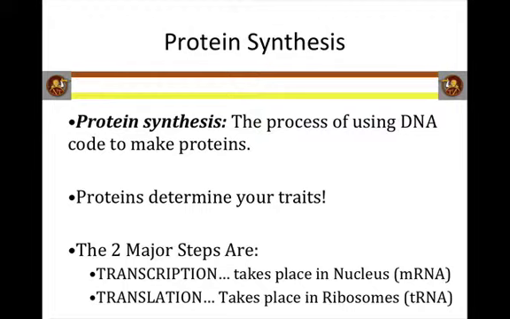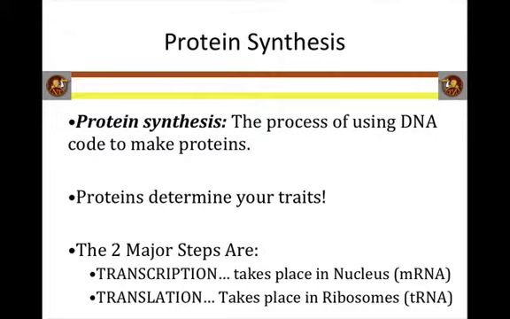There are two major steps to protein synthesis, and that's transcription, which takes place in the nucleus of your cells using mRNA, and translation, which takes place in the ribosomes using tRNA. And remember, ribosomes, we already know that's where proteins are made. So now we're going to be learning more about that.